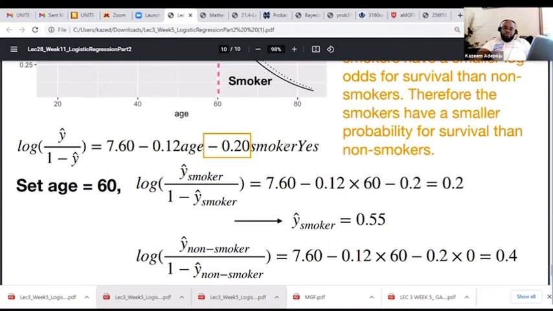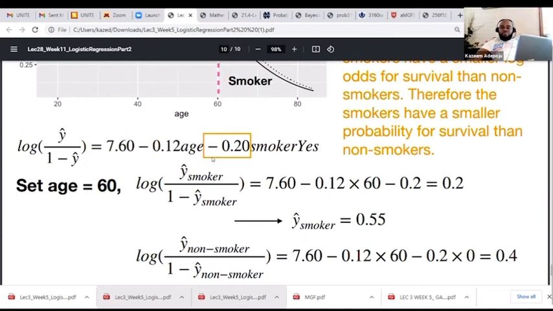Why are you plugging in one? Not only the log odds ratio, can we also predict the probability of somebody who smokes? This person smokes and her age is 60. That's why I'm going to plug in one here, and I'm going to plug in 60 here. Then I'm going to compute that.